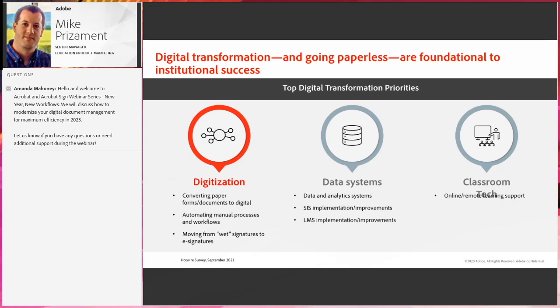Of course, with digital transformation, there are also a lot of the core IT areas you're looking at in terms of how you are transforming data systems, whether it's an SIS implementation or improvement, an LMS, or just overall data and analytics. And then, of course, classroom technology. Those are still really big areas that you're probably always looking at improving. But specific to focusing on a priority of digital transformation, it's that digitization piece.